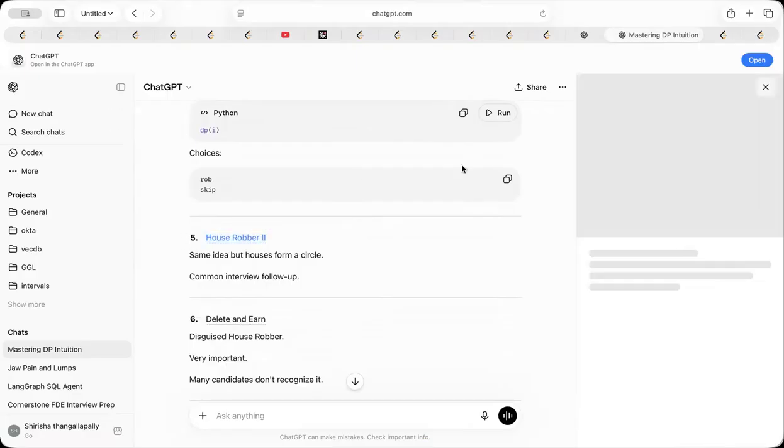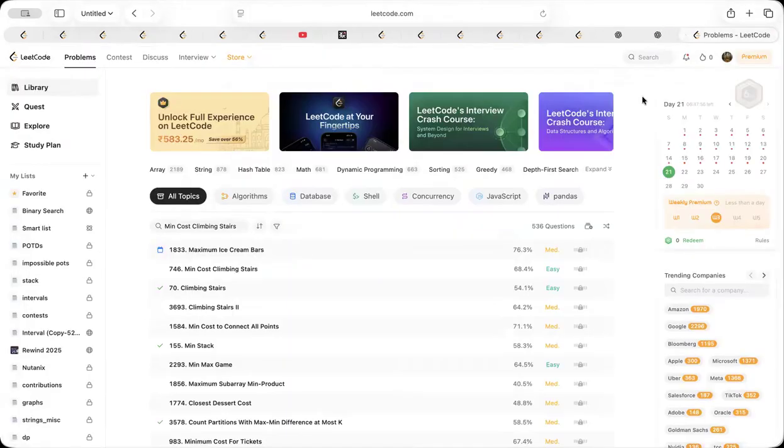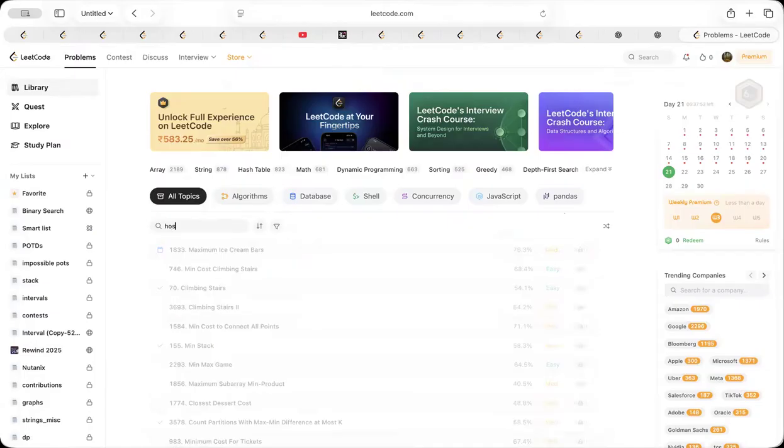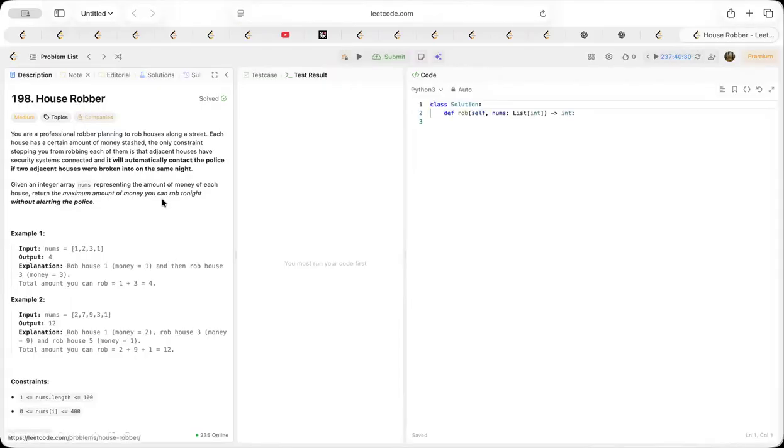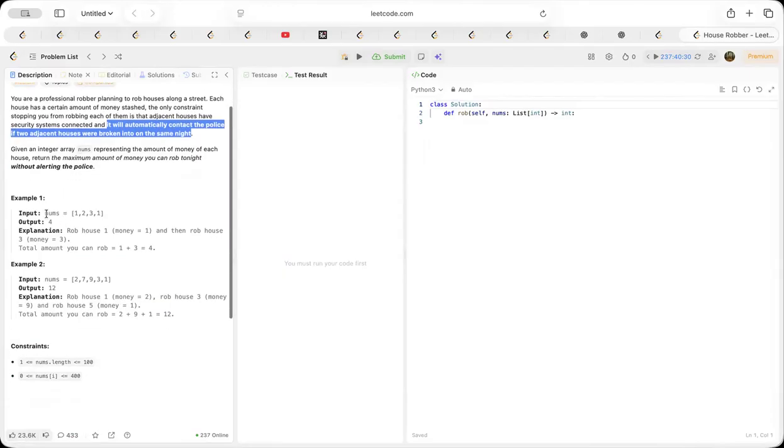If you rob adjacent houses, it will contact the police. Return the maximum amount of money you can rob tonight without alerting the police.